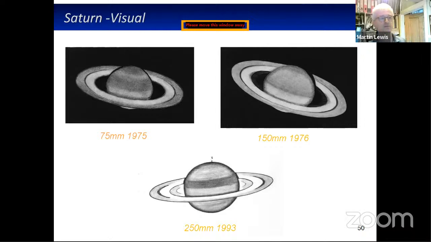So what can you see visually? Here with different instruments are some views of Saturn showing the crepe ring, even with the 3-inch refractor. You can see some belts on the planet, and then finer resolution stuff. In large telescopes you can see a tremendous amount of detail.